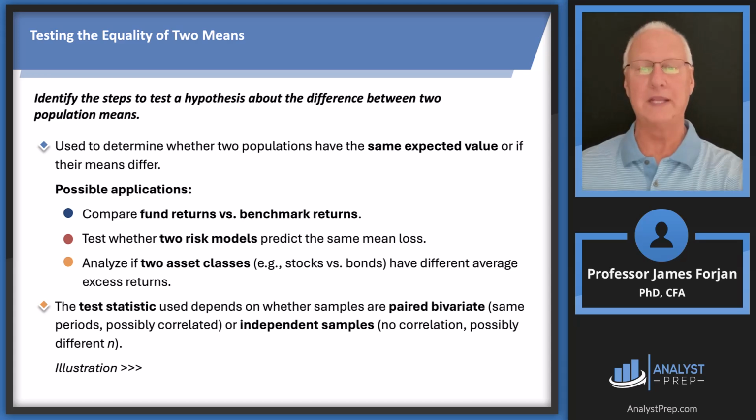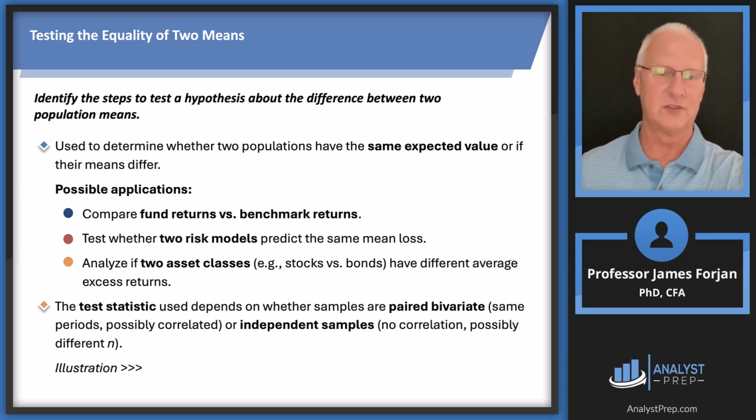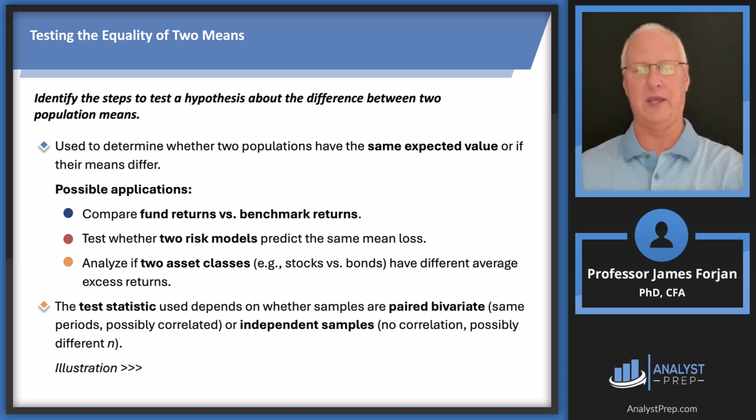But many times we have these samples that are related. This chapter calls these paired bivariate, which means that they are probably correlated, but they don't necessarily have to be, but they probably are. And they're in the same period.